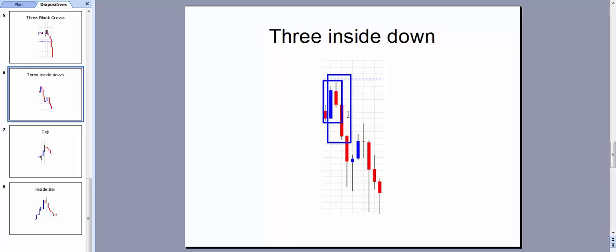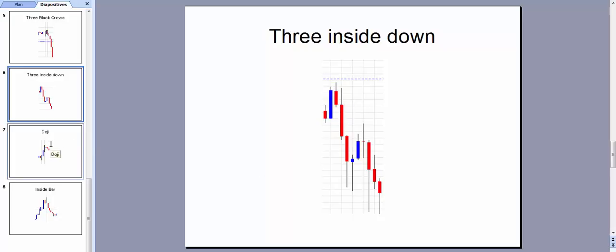When we see this pattern, it indicates a strong reversal pattern, and we go to the downside, because the uptrend has ended with this strong pattern.